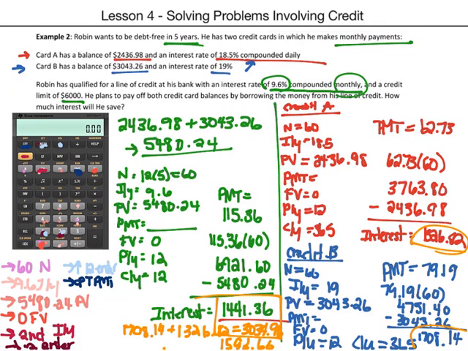So he saved $1,593.60 by consolidating his debt. So that's pretty significant.